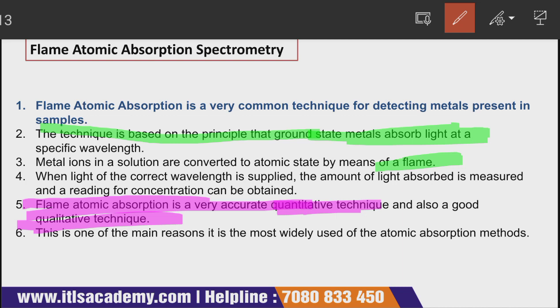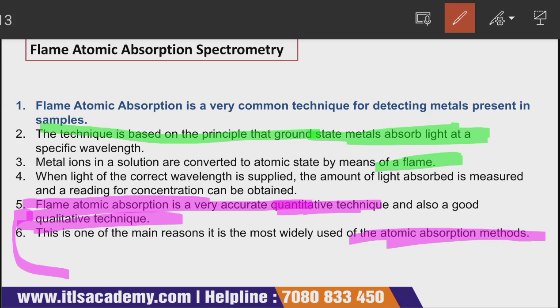This is the main reason this type of analytical technique is so widely used. Why is atomic absorption the most widely used method? Because it is a very accurate quantitative technique and also a good qualitative technique.